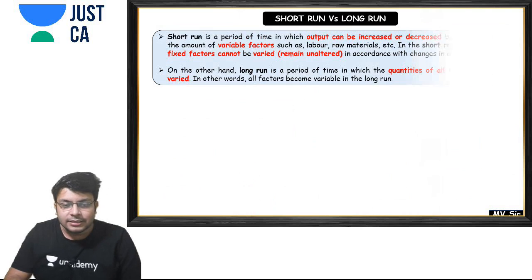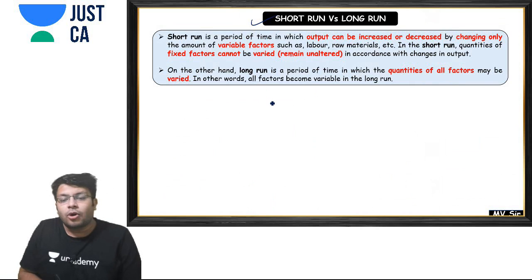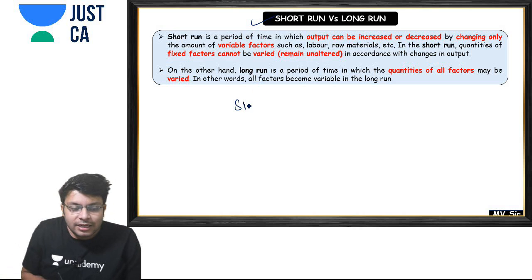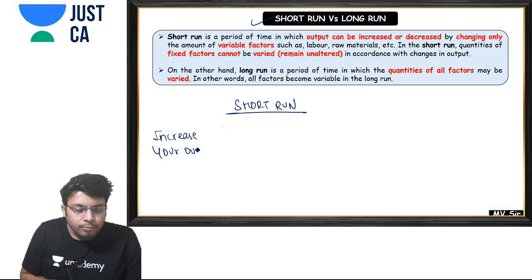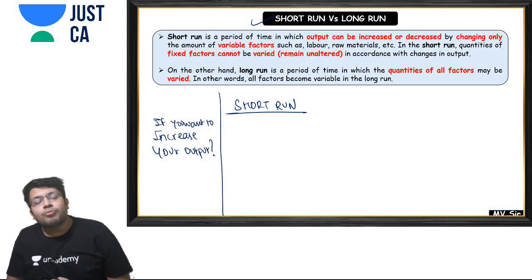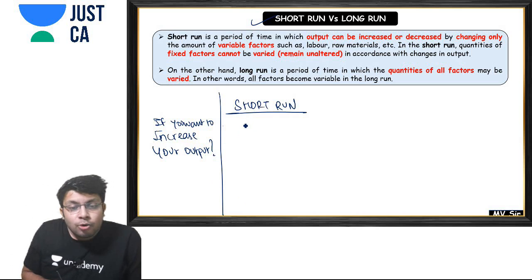Okay, now next, short run versus long run. What do you mean by short run? The difference between short run and long run is this: if you want to increase your output, in the short run you can vary only the variable factors.